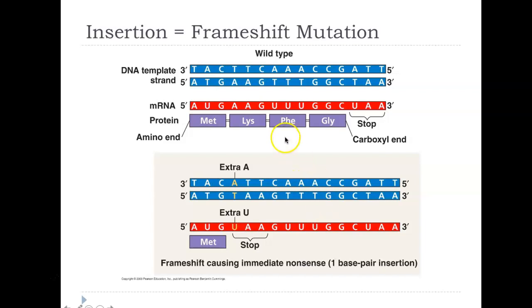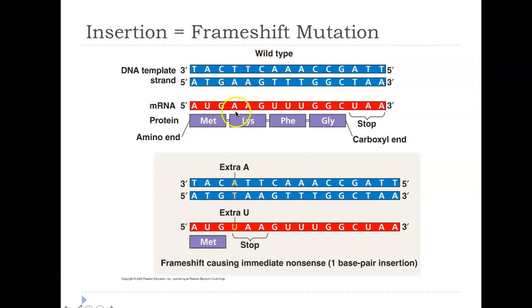A frame shift is going to, here's an insertion. So here's your wild type, here's your normal one. If you look where my arrow is, right here, this is where an A is getting inserted. So if an A gets inserted, the reading frame shifts to the left. So it's TAC, which codes for AUG, that's one codon.